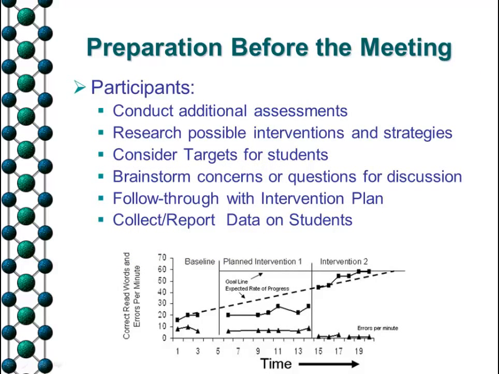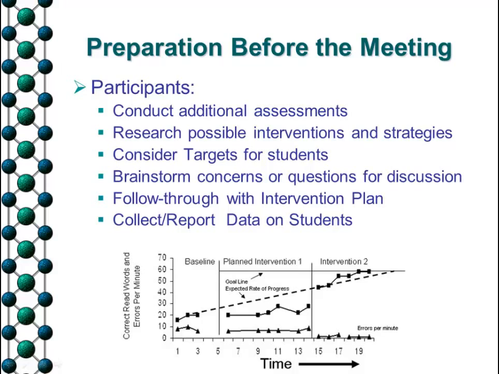Before the meeting, all participants should make sure that they are following through with the plan. It may mean conducting additional assessments. Maybe even before that initial intervention meeting, you would be researching what kind of intervention strategies might exist for that particular skill.